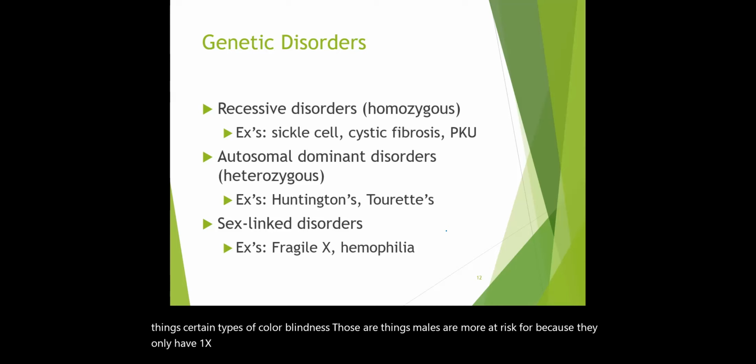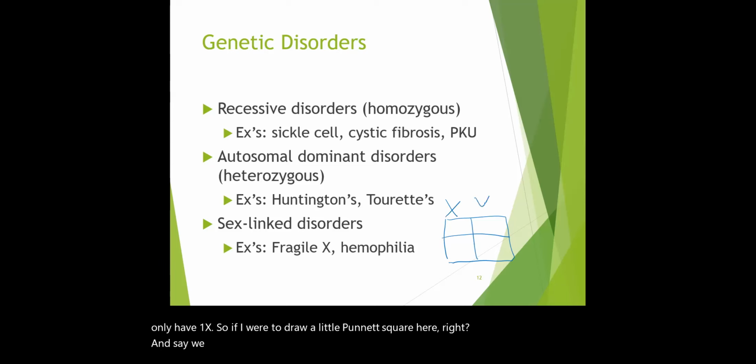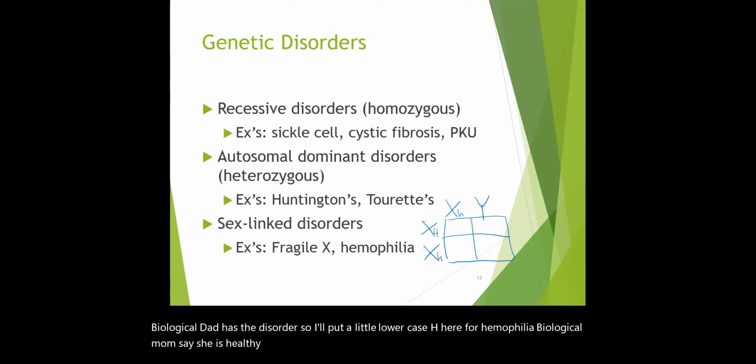So if I were to draw a little Punnett square here, and say we have biological mom and biological dad, with their chromosomes on here. Because it's an X-linked disorder, say biological dad has the disorder, so I'll put a little lowercase h here for hemophilia. Biological mom, say she is healthy, but she is a carrier. Or actually, sorry, let's say she has 2 healthy copies.